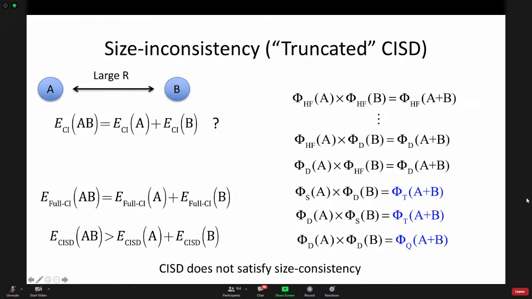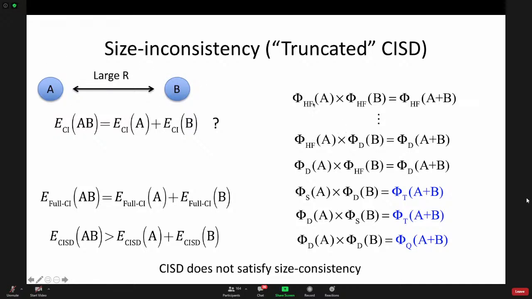However, if we truncate it up to doubles, it won't fulfill this condition. The reason why, you can see on your right-hand side. If you consider these terms up to singles and doubles, and these terms up to singles and doubles, what kind of excitation will there be in this entire system?